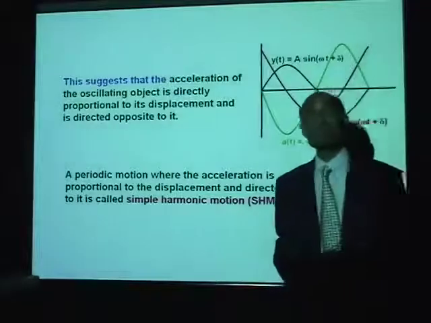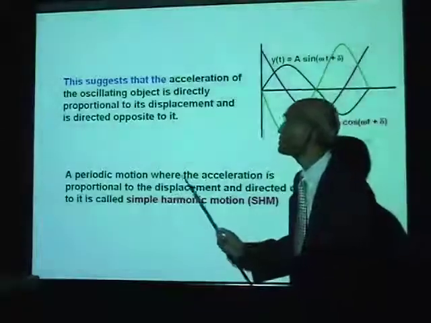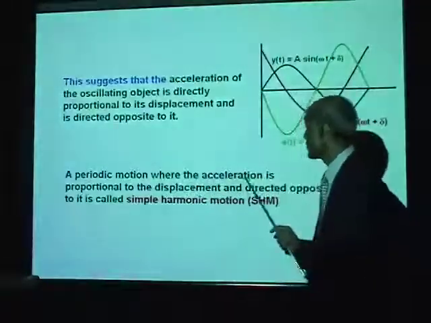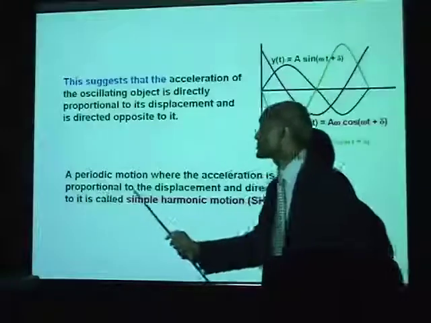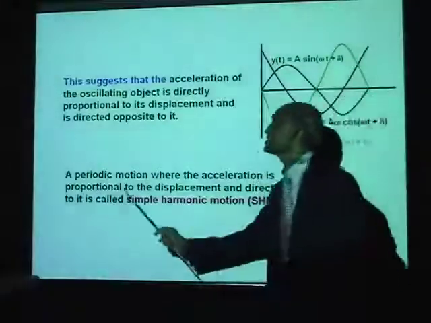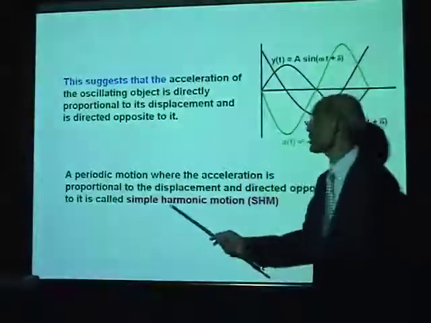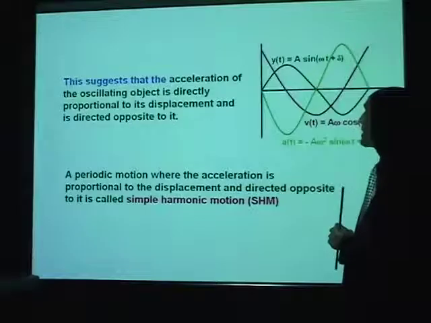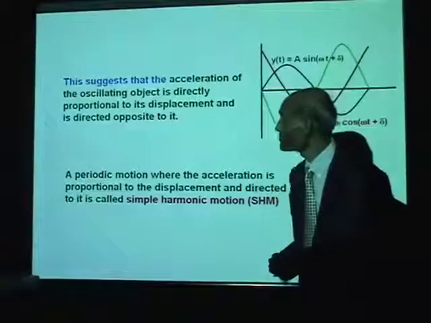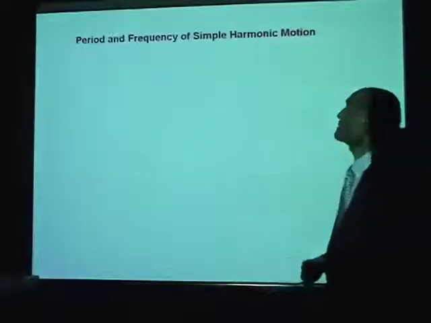What is simple harmonic motion? A simple harmonic motion is a type of oscillation where the acceleration is proportional to the displacement and is directed in the opposite direction. That kind of oscillation is called simple harmonic motion. And from now on, for the next 2 or 3 classes, we'll be talking about simple harmonic motion.